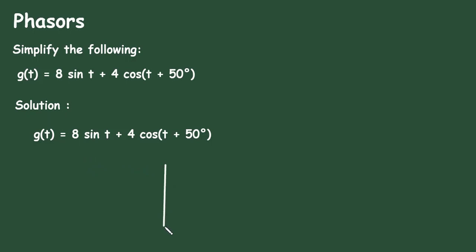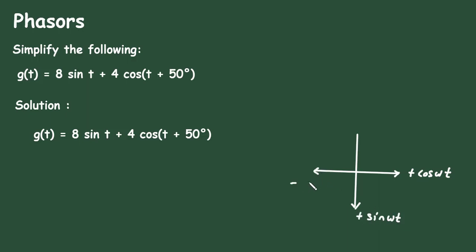So let's go to the basics first. Here we will draw the graph. This is plus cos omega t. This is plus sine omega t. This is minus cos omega t and this is minus sine omega t.